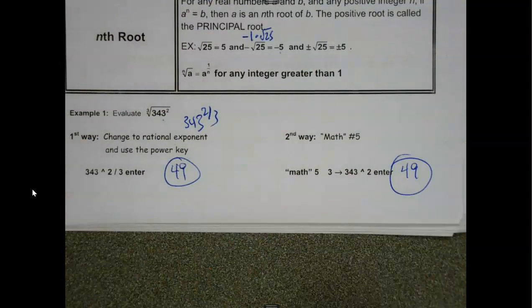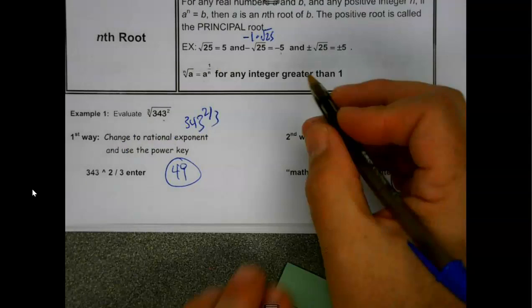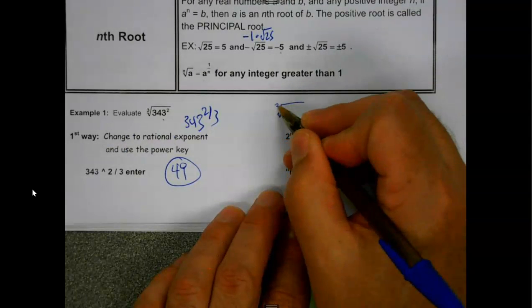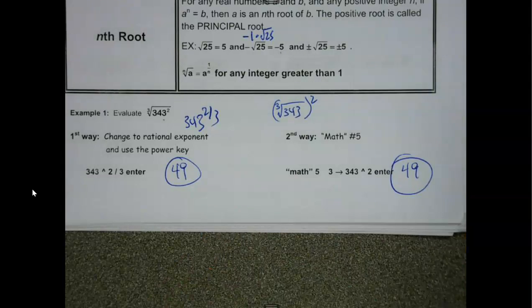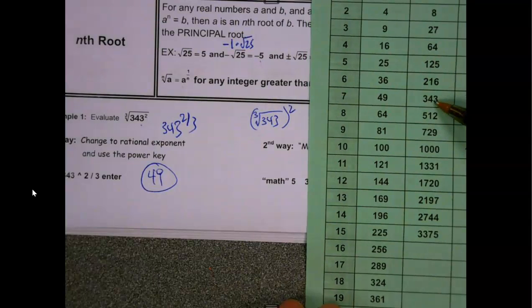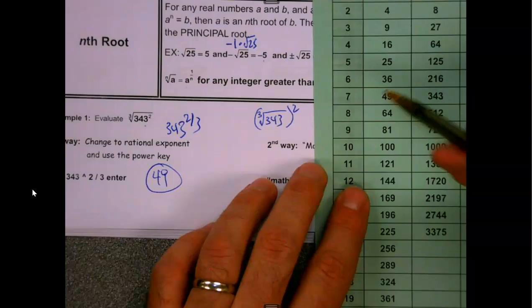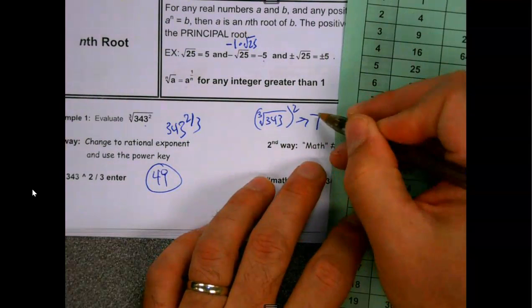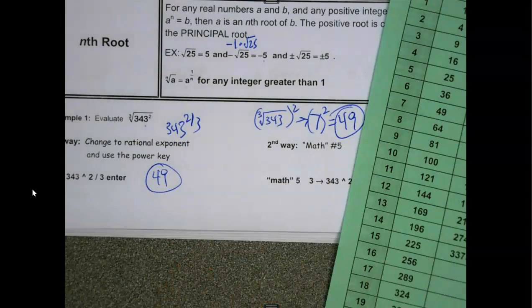I'm even going to tell you about one more way you could do it. But again, it depends sometimes. You also could look at this like this, where you take out your chart and you say, hey, 343, the cubed root is 7. So the cubed root of 343 is 7. 7 squared is 49.